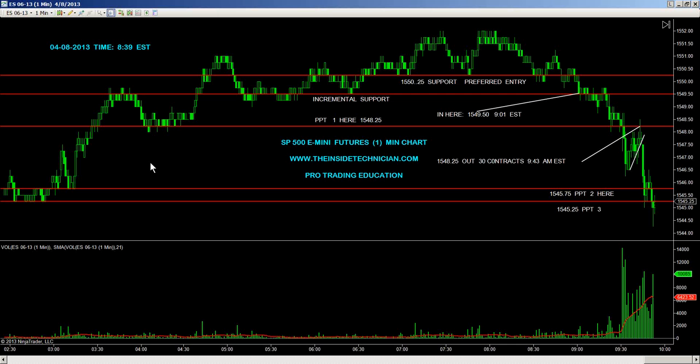Again, in at 1546.75 on the second trade, and out at 1545.25. 1.5 times $50 was a net gain of $75 per contract, times the 30 contracts traded.